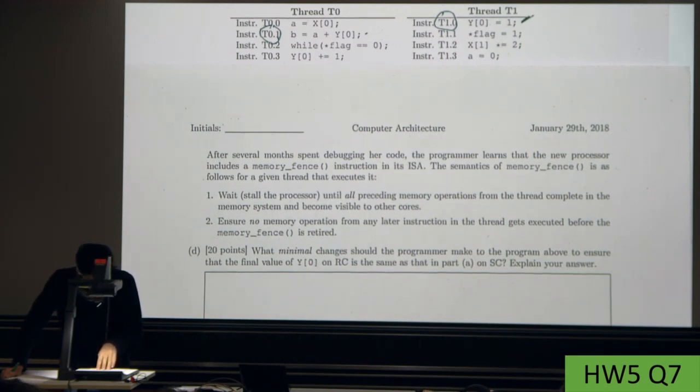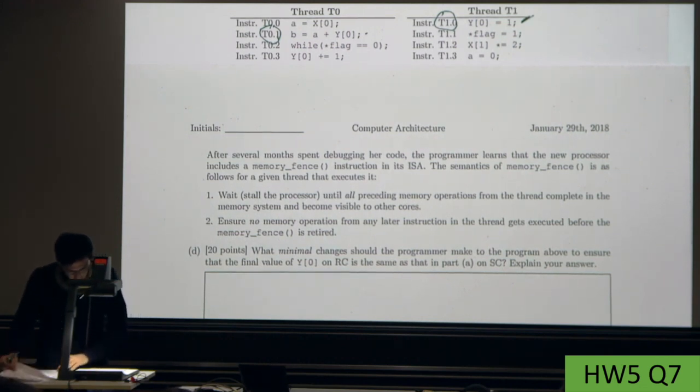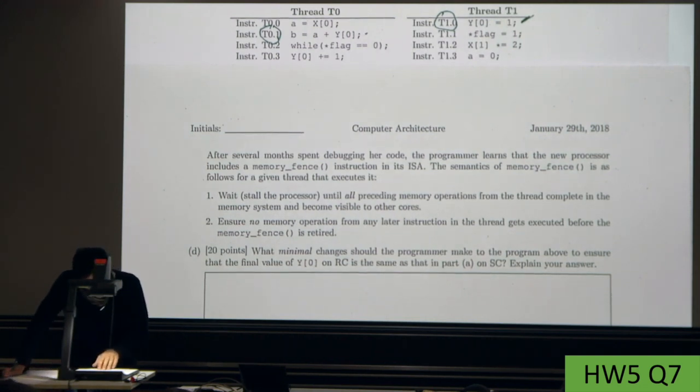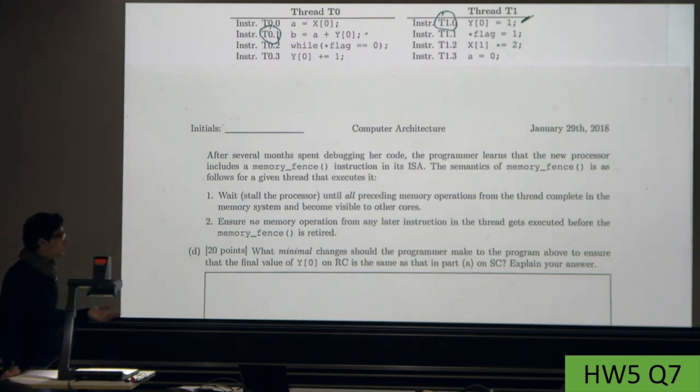First, stall the processor until all preceding memory operations from the thread complete in the memory system and become visible to other cores. Second, ensure no memory operation from any later instruction in the thread gets executed before the memory fence is retired. So, in the weak consistency processor, we definitely need to use fences whenever we want to enforce the ordering. There is no other way of having these guarantees.